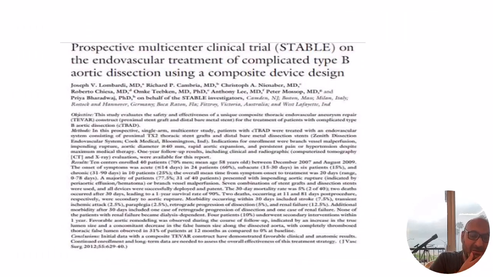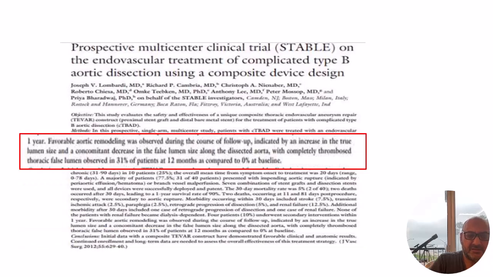There's the STABLE trial that was led by Dr. Lombardi in Italy as well. A lot of doctors use this. The STABLE trial is a trial where they use a covered stent in the thoracic aorta, but an open cell stent, like we talked about, or dissection stent, into the abdominal aorta.